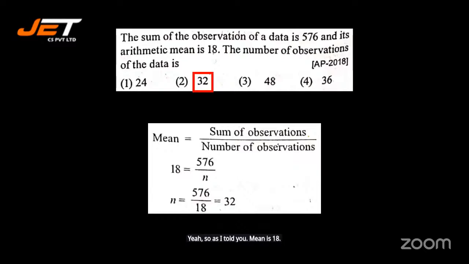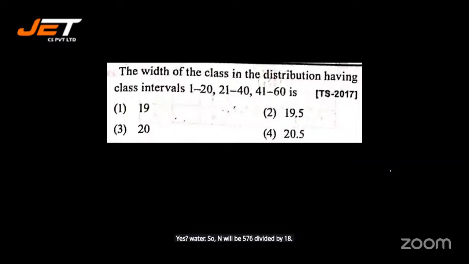Sum of observation is 576 divided by number of observation, that is n. So n will be 576 divided by 18. All right? Let's see the next question, which has been asked in the year 2017.